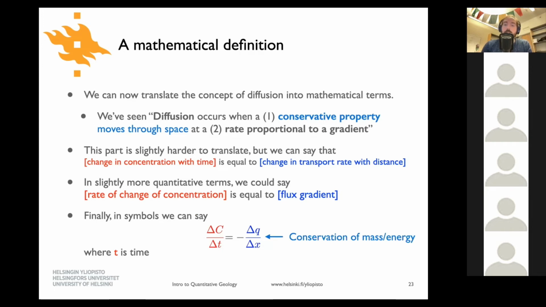Delta Q over delta X is a conservation of mass. So that's why this conservative property moving through space thing, that's where that comes in, is that the right-hand term is essentially a statement of the conservation of mass.